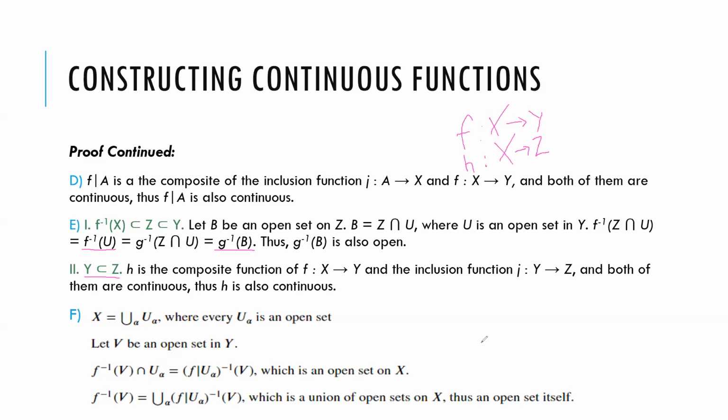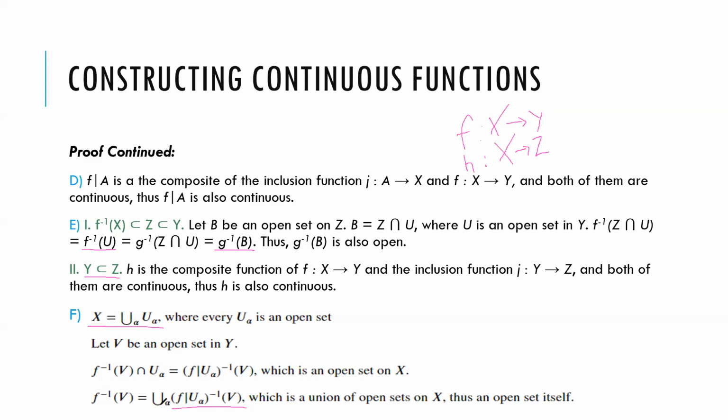And this, going back to this part, we can say that the inverse image of V would be the union of all such inverse images. Okay, I honestly am confused about how to read this in English.